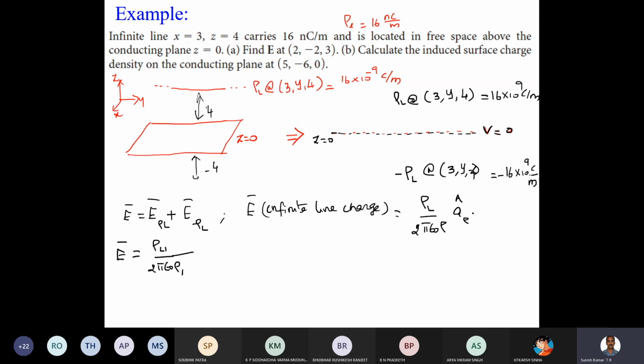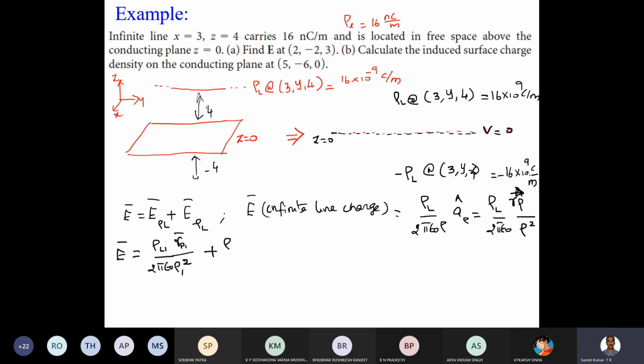For simplicity, now we take this rho L over 2 pi epsilon naught. You know, any unit vector is vector over its magnitude, right? So it will be rho vector by rho square. So it will be rho 1 square into r rho 1 vector.